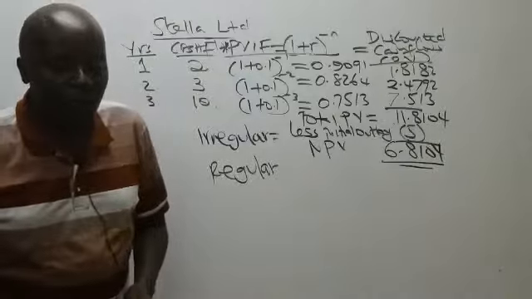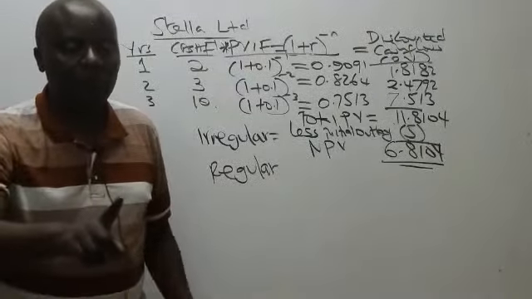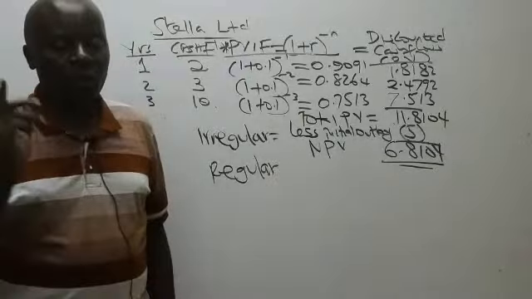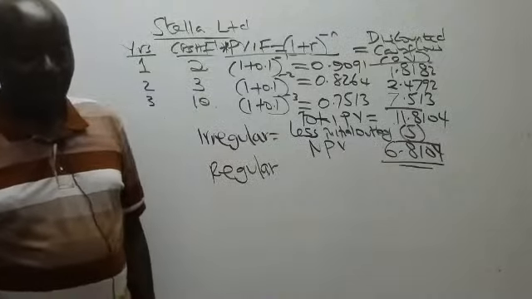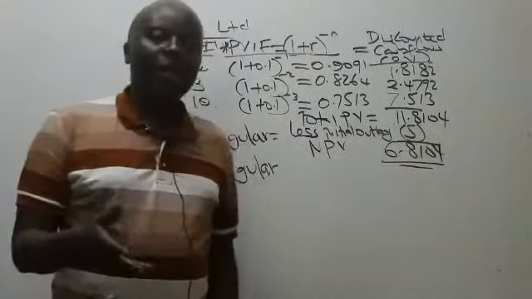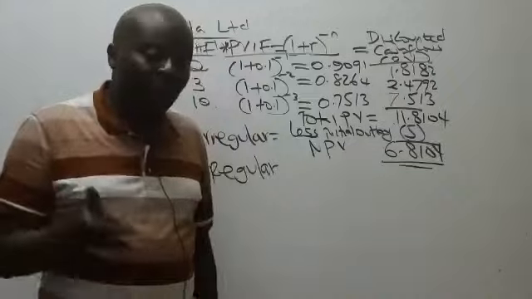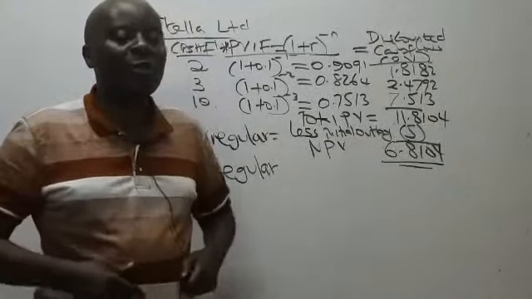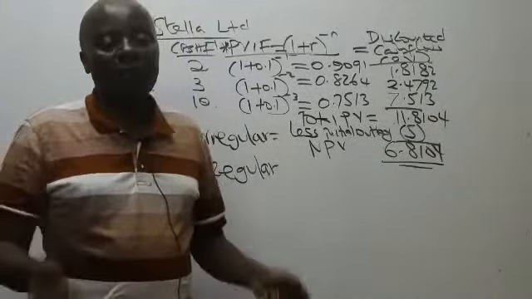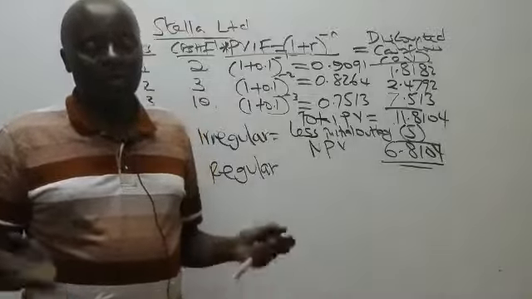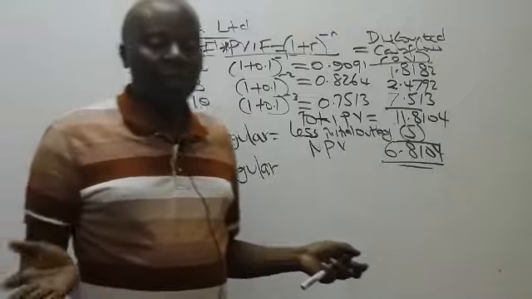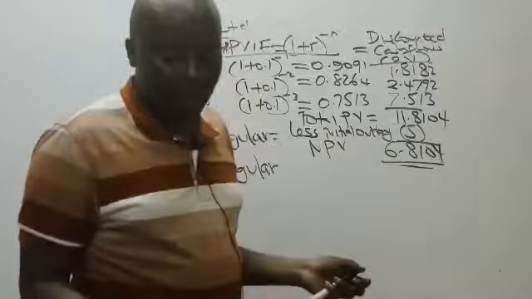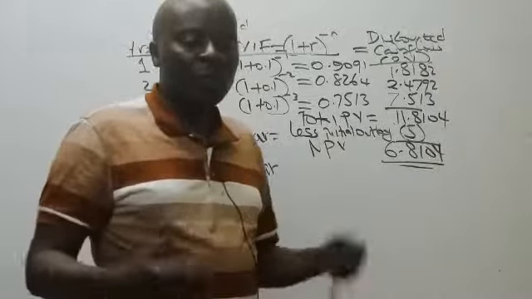All of you here would have lost 1 mark, a commentary mark. Anytime you get NPV being positive, simply write in brackets that this project is viable. If it's negative, you say the project is not viable.